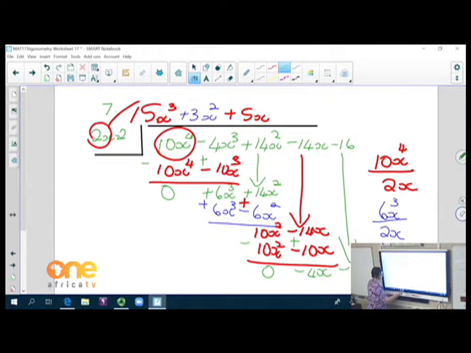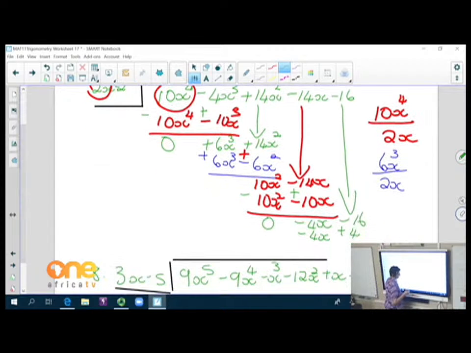So how many times will it now divide? Negative 2 times. So then you have negative 4x plus 4. And we are eliminating here. Change the second sign, so it's plus and minus.